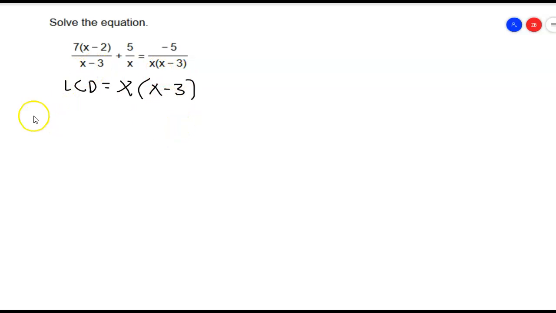All right, so if we do that, I'm going to leave some room here. So I'm going to do x times x minus 3. I'm going to multiply every term. There's three terms here. Every term by that. And so this is going to times 7x minus 2 all over x minus 3. And then we're going to have plus, once again, I'm going to do x times x minus 3.